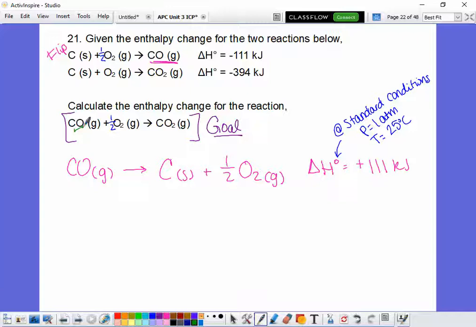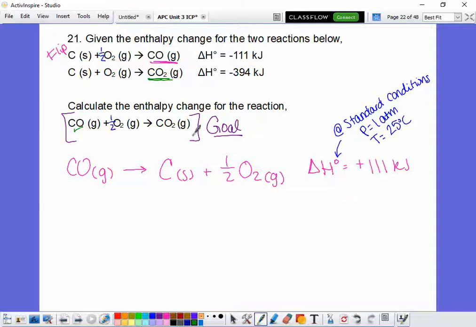So we're going to skip over O2, and we're going to go straight to CO2. Is it found in only one equation? Yes. It's only found in one equation, and that's this one. Right? Is it on the correct side of the equation? Yes, it's a product here, and it needs to be a product for our goal. Does it have the correct coefficient?